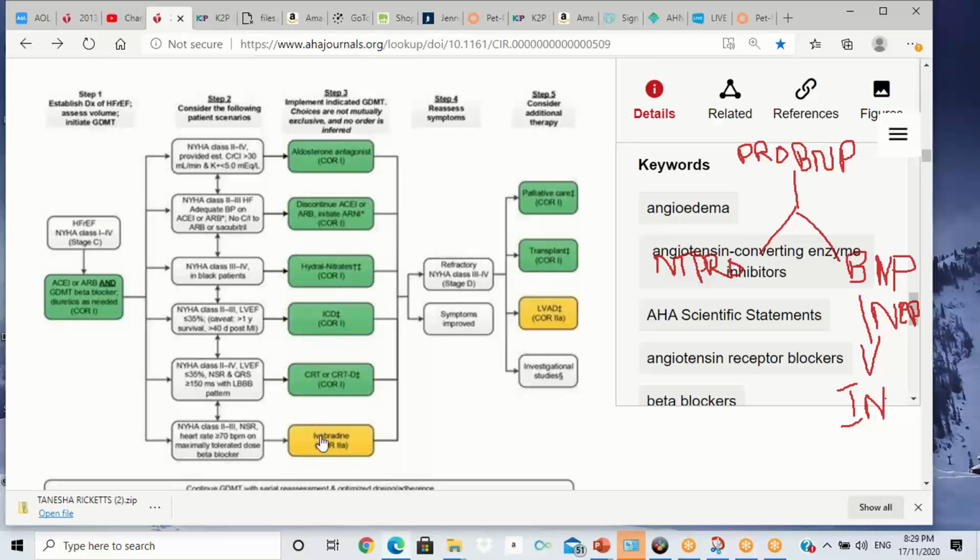This medicine only acts on the sinus node, and the heart rate has to be greater than or equal to 70, but they have to be on a maximally tolerated dose of beta blocker. And I've never seen a patient in sinus rhythm on maximally tolerated beta blocker with heart rate greater than or equal to 70. It has a class 2A indication, ivabradine. I don't really think it has a place in heart failure. It's a very strong statement, but I really don't think it does.